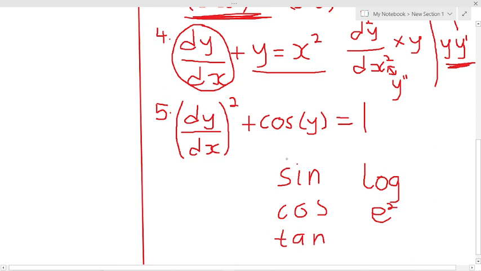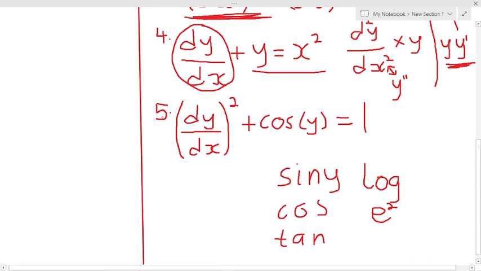So these ones are the trigonometric ones. This is the log, and this is exponential form. If any of these are attached to the dependent variable or any of its derivatives, something like sine y, it doesn't satisfy it being a linear differential equation.